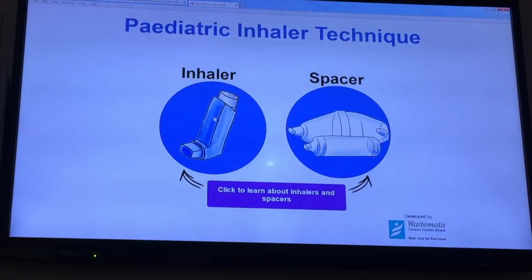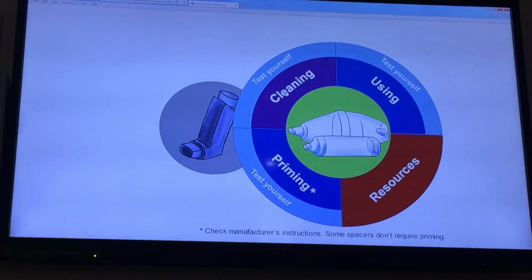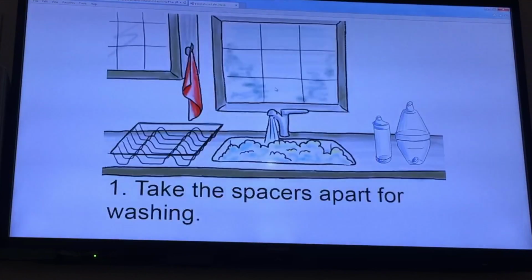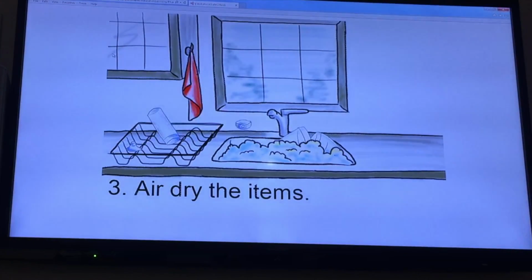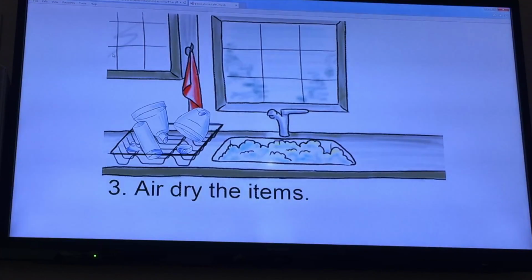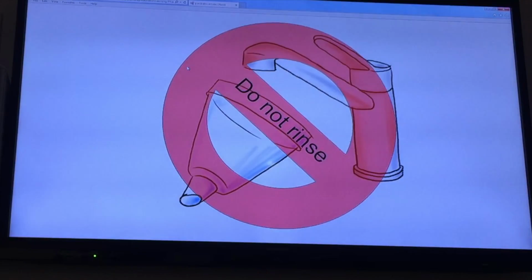If I just quickly go into, say, spacer cleaning, it'll start playing a little clip automatically, and that takes you through the process of how to clean your spacer. And it's pretty much the same for all the other sections. The test yourself part is a bit interactive, and you can actually press on the iPad to do things. So we'll just wait for this clip to finish.